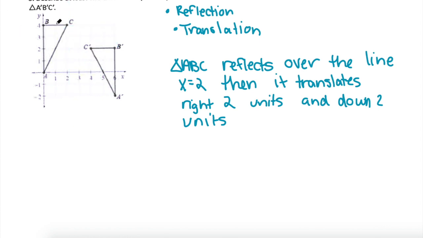Maybe you want to do your translation first, so let's try that. So if I were to translate it, I could go to the right 2 units, and I will go down 2 units. So let's go ahead and graph each of those points. So I could go to the right 2 and down 2, which would be point C prime, and this would be A prime.